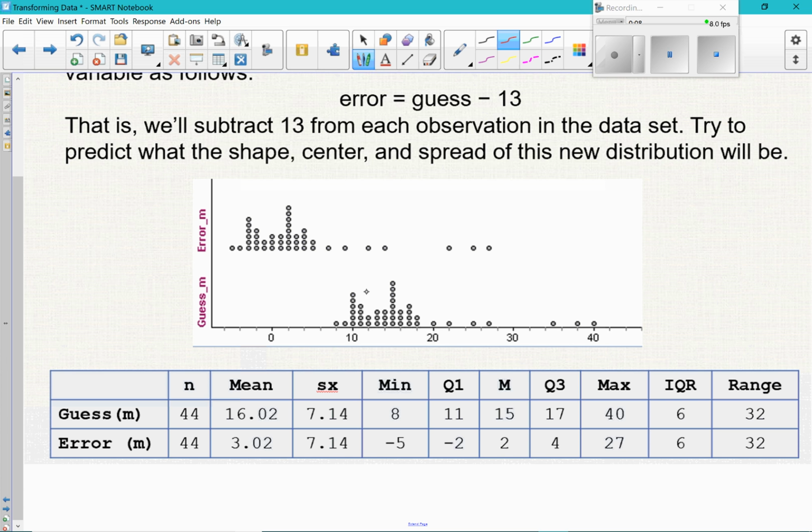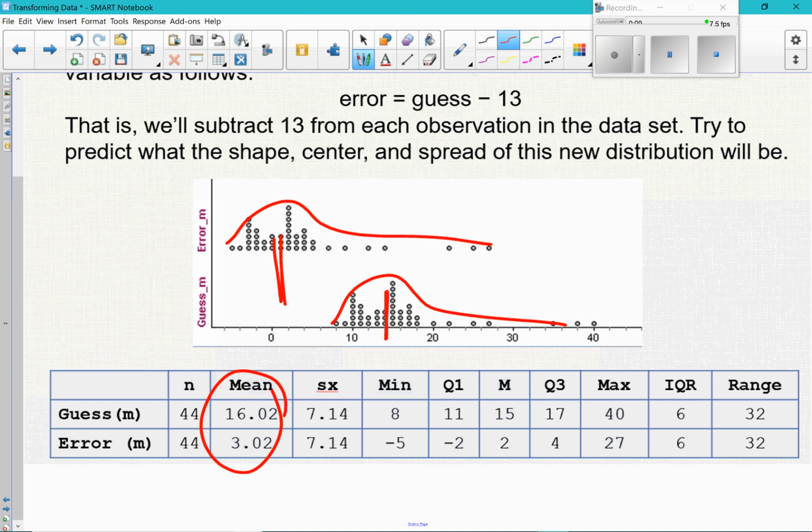That's not going to change the shape of the distribution, which in turn directly affects the spread. This shape is generally going to be exactly the same. So simply by adding or subtracting a number, we will not change the spread, but you can see the center moved from here to here. Before, the mean would be at 16 and now it's at 3, okay?